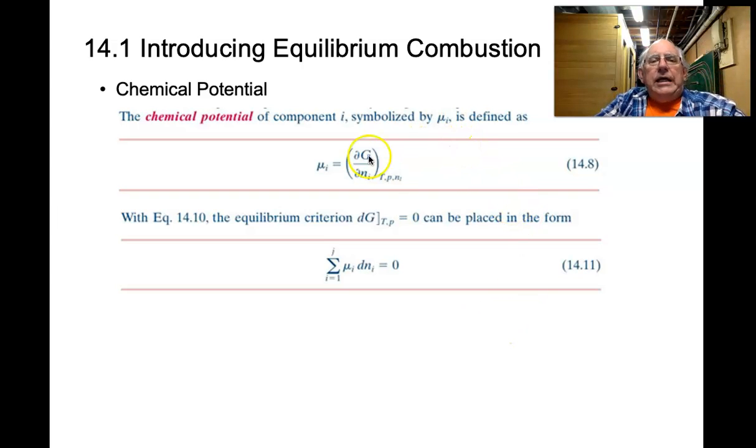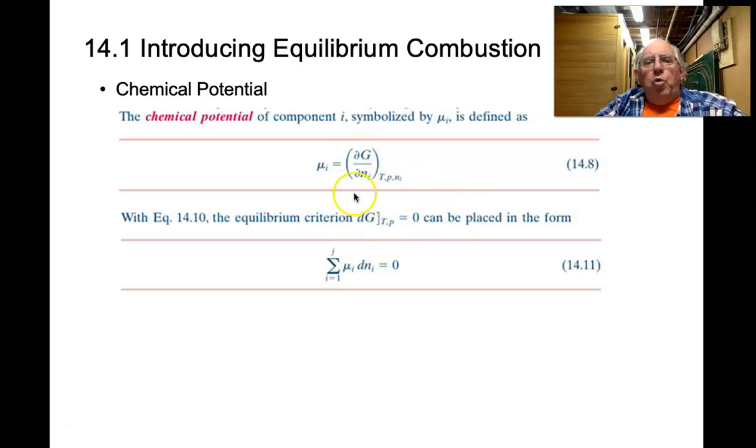In chapter 10, we broke down this Gibbs function in terms of the individual components making up the mixture. We introduced the change of the mixture Gibbs function as a function of the individual amounts of moles of each of the components, holding the temperature, pressure and all the other mole numbers constant. We called that the chemical potential for each individual component.